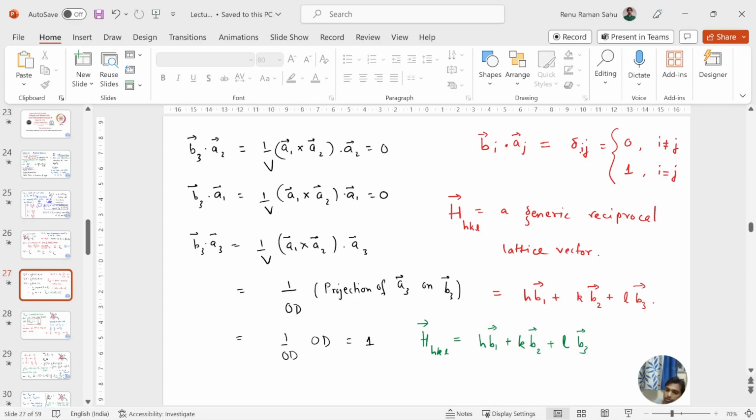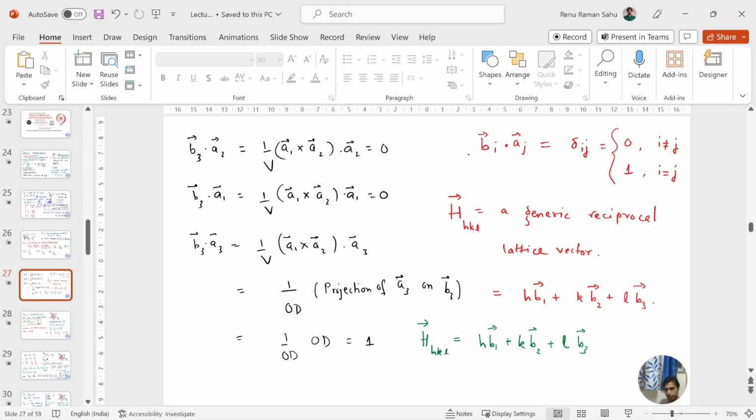Delta ij is nothing but, if these two indices i and j are the same, then it will give me 1, and if they are not the same, it will be 0. So these are the properties of the unit vectors in the real space and unit vectors in the reciprocal space.